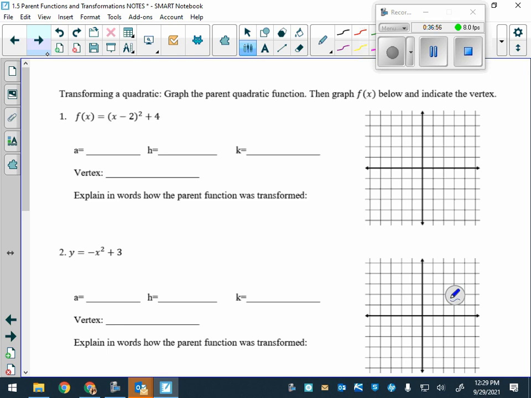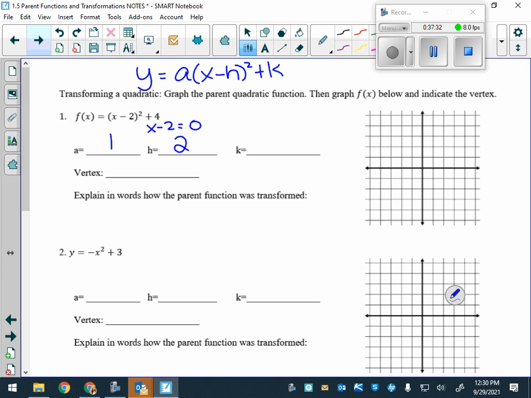Identifying A, H, and K. Okay, and I'll put this again on the board. Okay, so I want you to identify what is the A value in this first one. Same. 1. What is the H value? 2. Good. Excellent. Remember, x minus 2 equals 0.